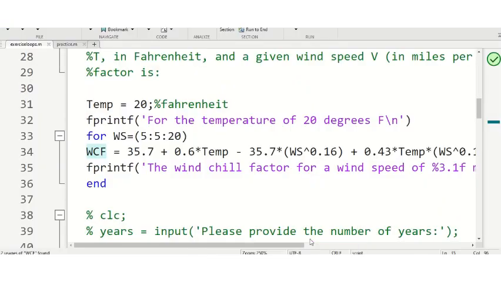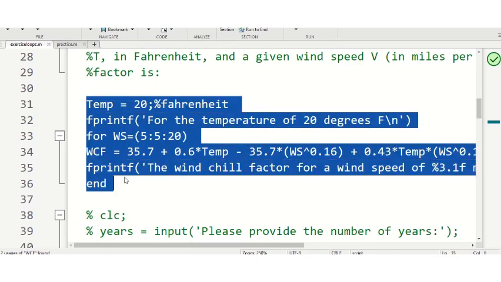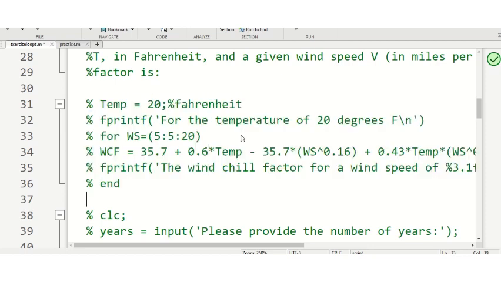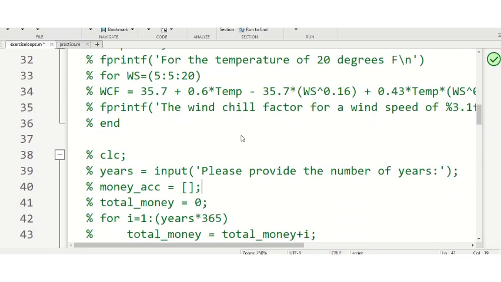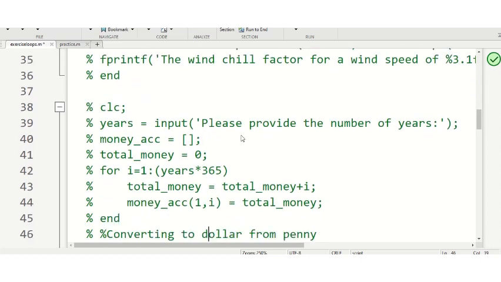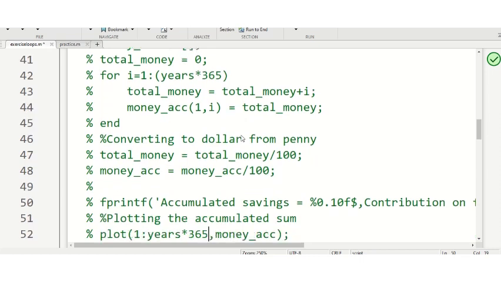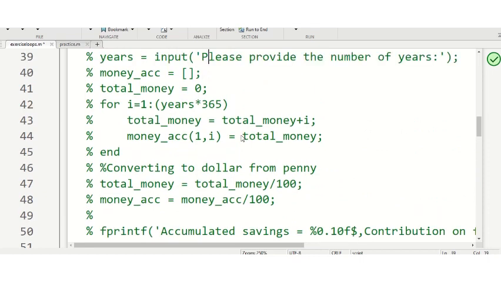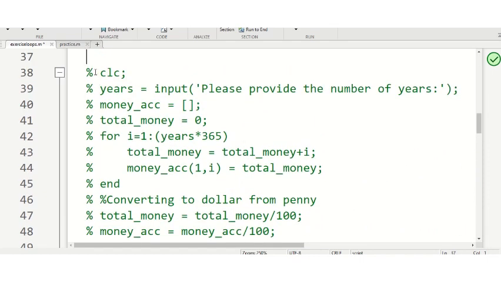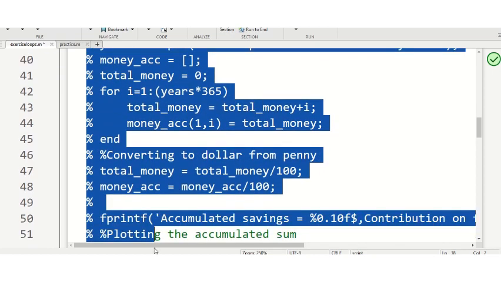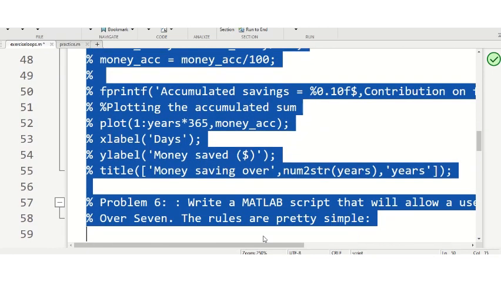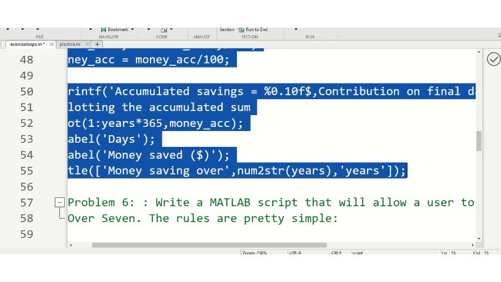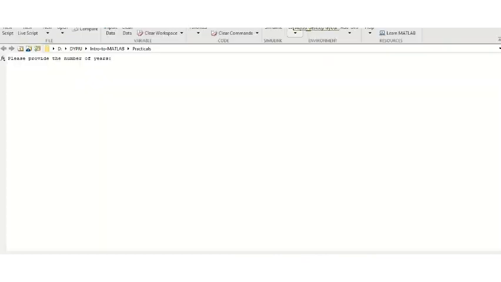I will show you the code directly. Yes, sir.